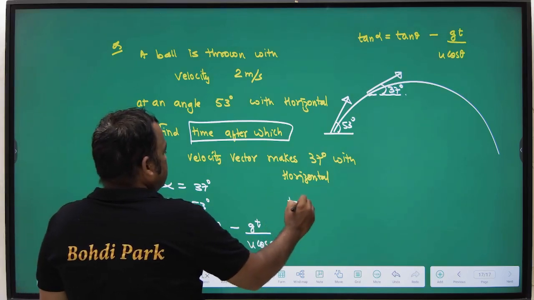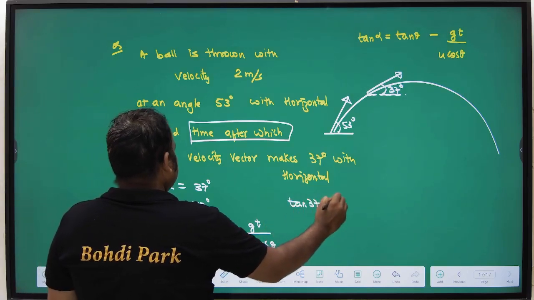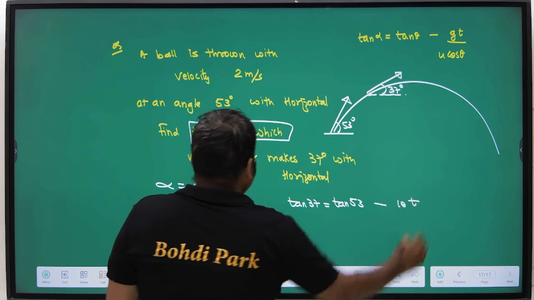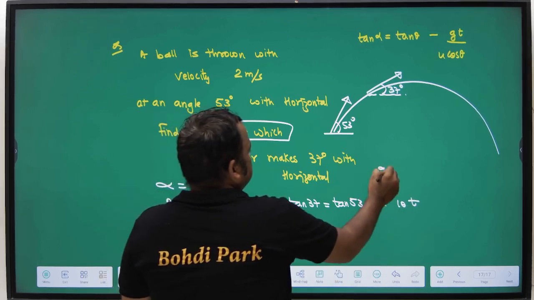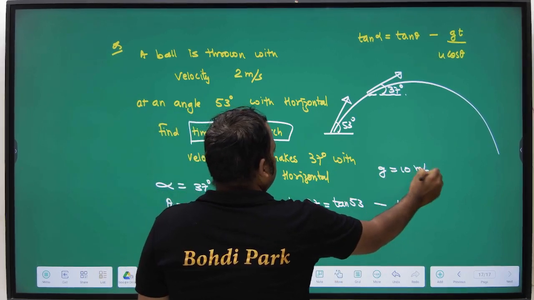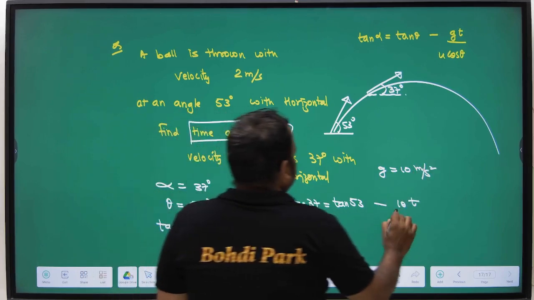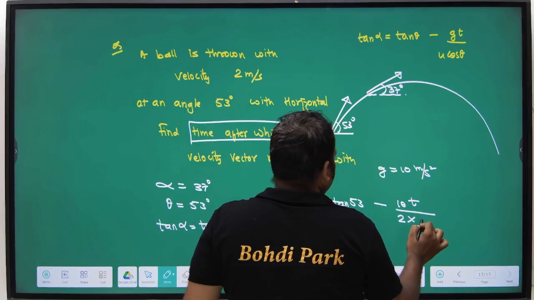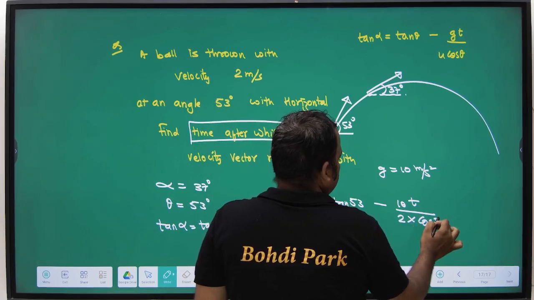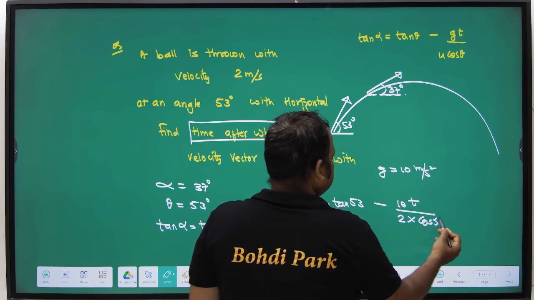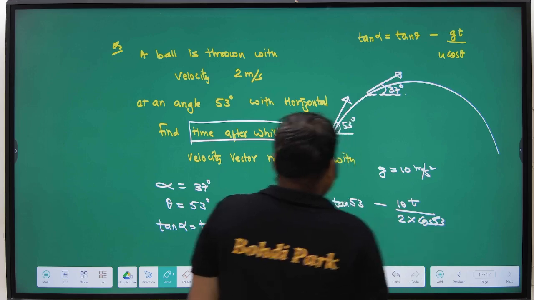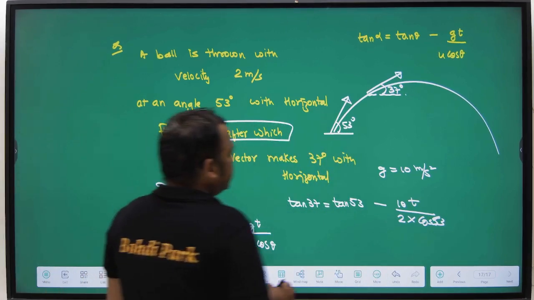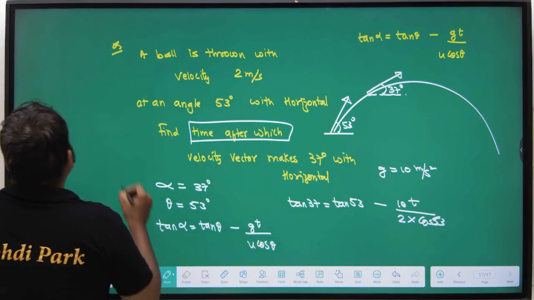So we have tan 37 is equal to tan 53 minus gt, g value I am taking 10, u is given 2, then cos theta, so that means cos 53. Now substitute the values of tan 37, tan 53.